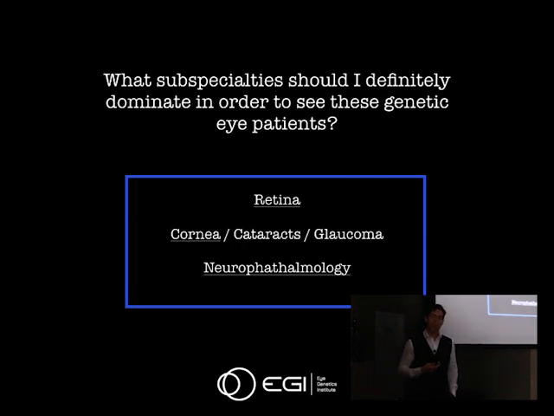It is very important that we have a very good understanding of the retinal anatomy, of the retinal physiology, of the retinal diseases. It is extremely important that we are familiarized with retinal dystrophies, which are quite common in the eye genetics clinics.